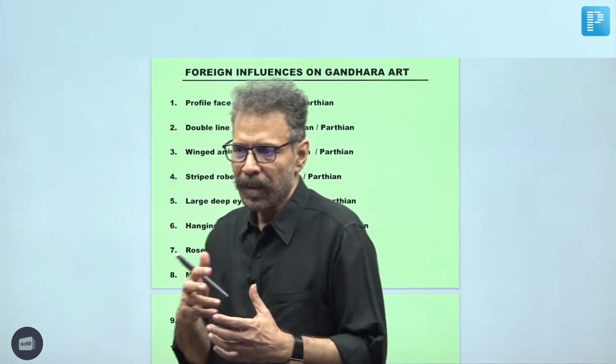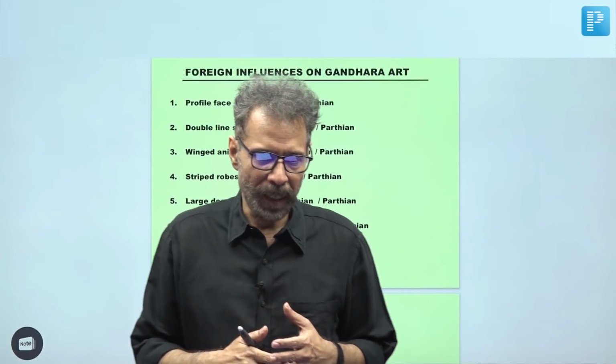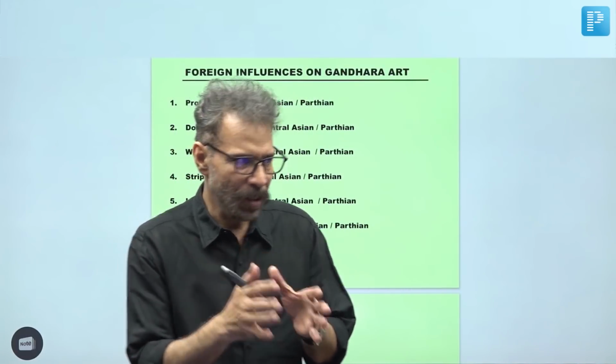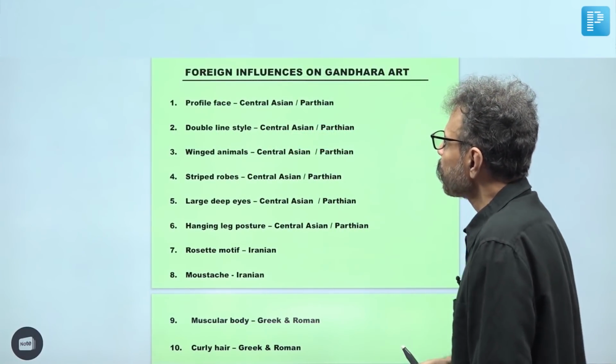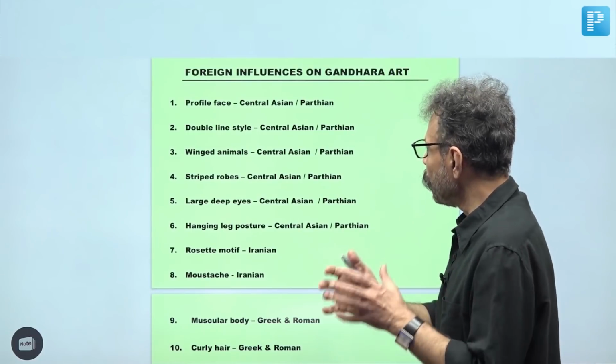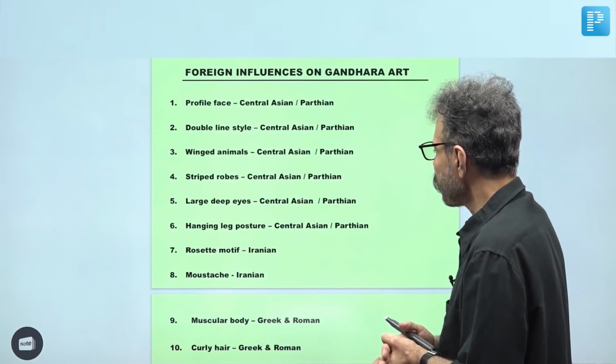So we find a variety of influences, as I have said. Parthian, the first one here, Parthian or Central Asian. Parthian was a ruling group in this region.